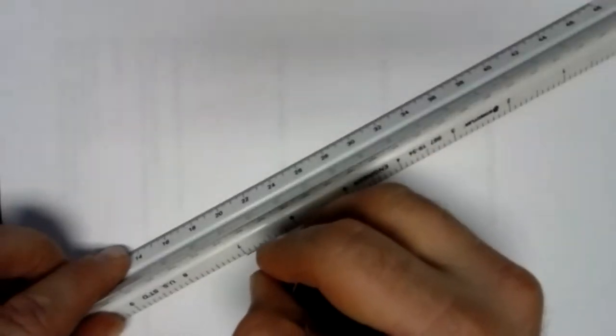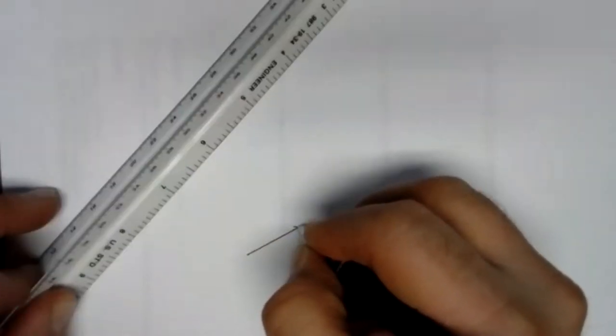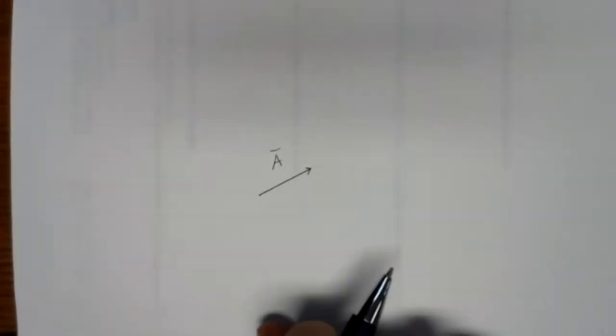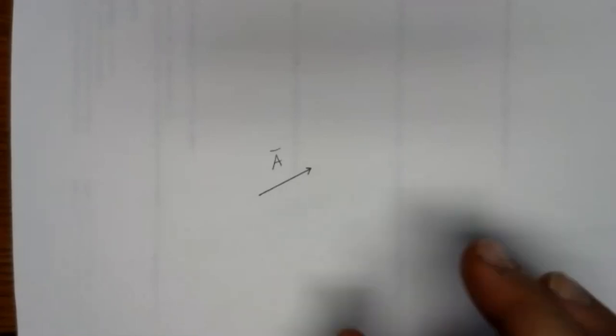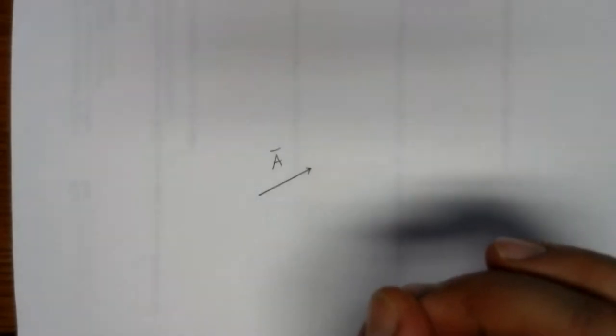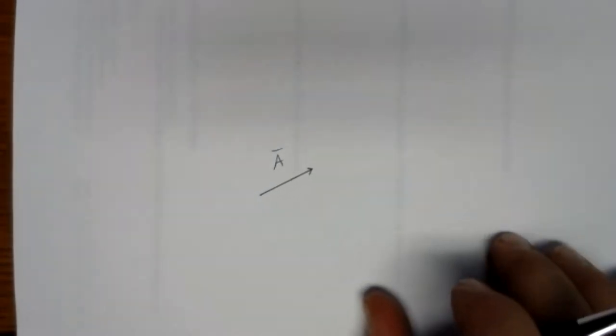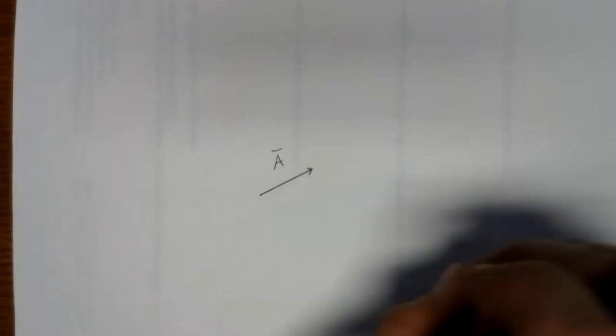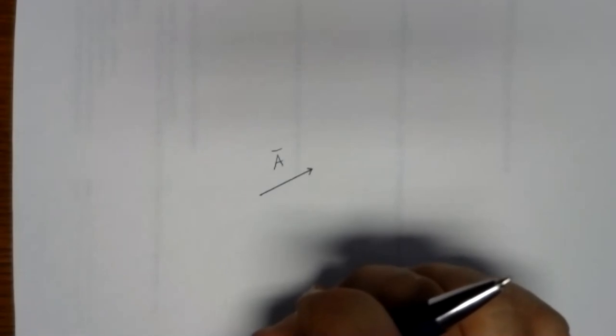So let's go back to a vector here. Let's take that vector. We'll make that vector A. The easiest way to think about vector equality is to imagine being able to pick this up. Imagine being able to pick that vector up and move it anywhere you want on the page. Now, if you pick that vector up and you stretch it out or you shrink it, you've changed the vector.